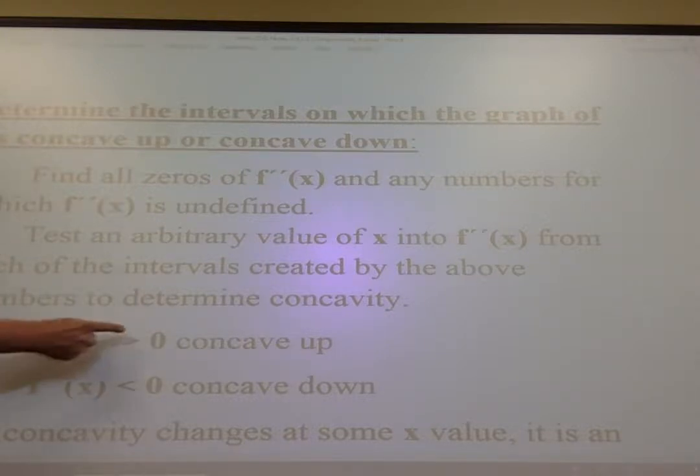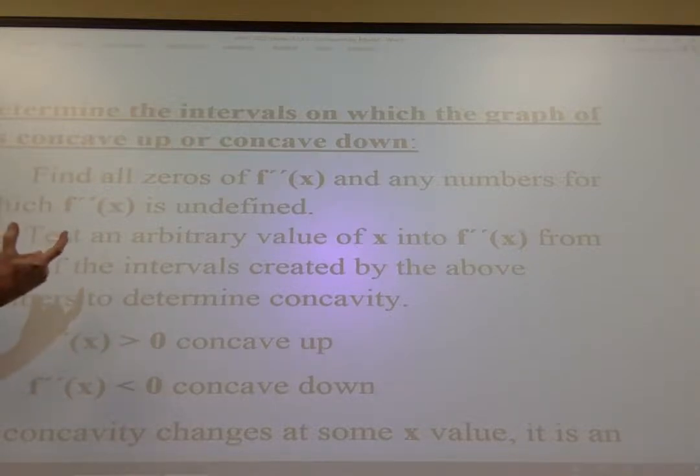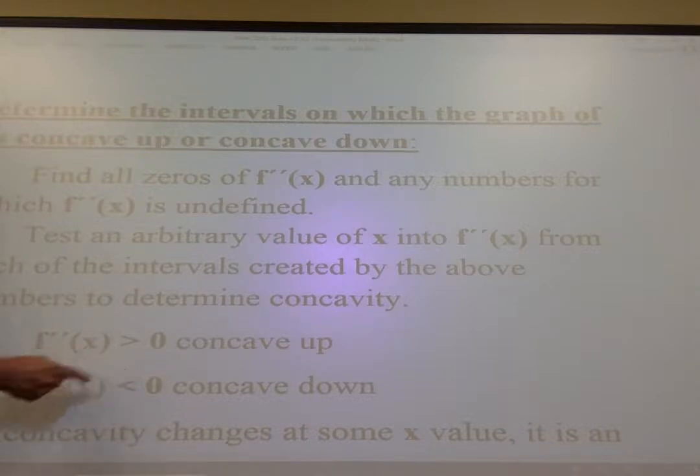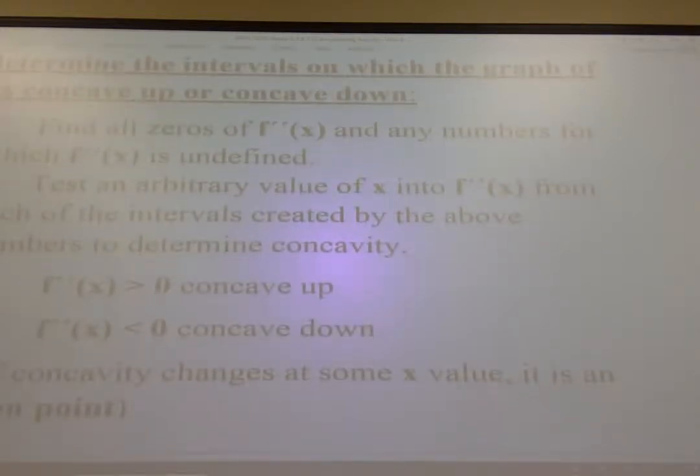If the second derivative is positive, it'll be concave up. If you plug in that x and it's negative, that interval will be concave down. Right? Let me move it up just a little bit. If the concavity changes at some x value, it's an inflection point. So look at my picture again. I'll bring this back up in just a sec.